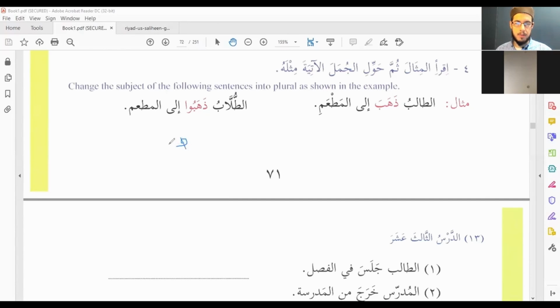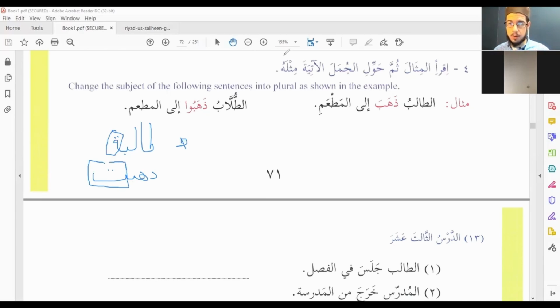A better example would be طالب, طالبة, and then ذهبت. In both of these cases, the ta marbuta is the sign of nouns manifesting feminine gender, whereas with verbs, it is the ta maftuha which demonstrates the feminine gender.